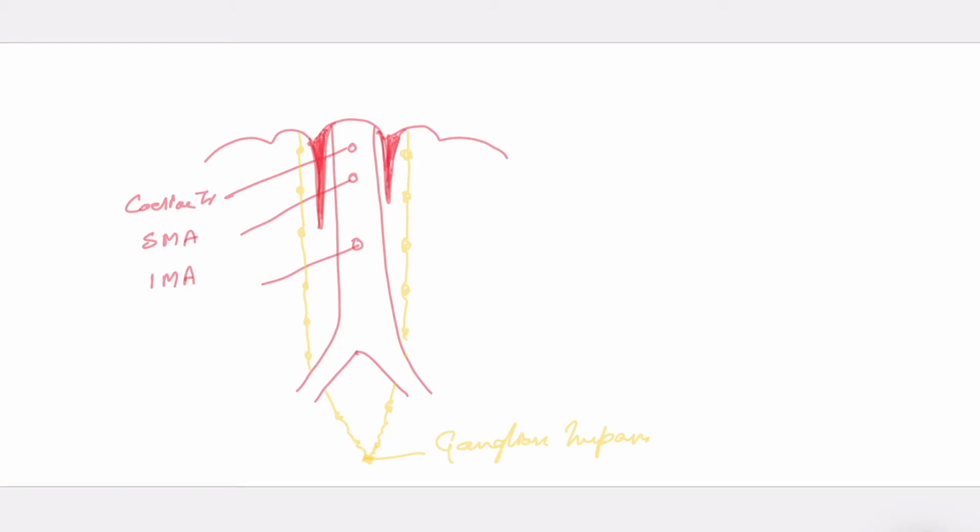The greater splanchnic nerves are from T5 to T9, and you have lesser splanchnic nerve from T10 to T11. This is greater splanchnic nerve, and this is lesser splanchnic nerve. And of course, you also have a least splanchnic nerve, that is T12, least or renal splanchnic nerve.